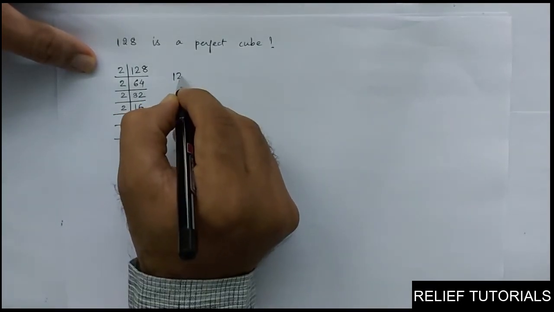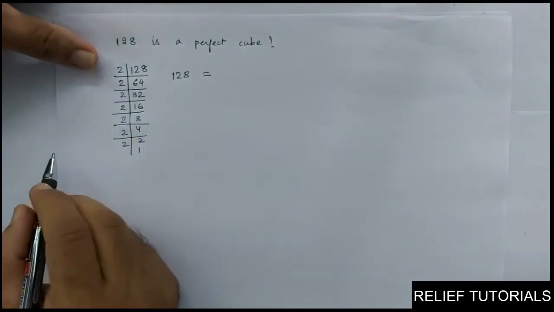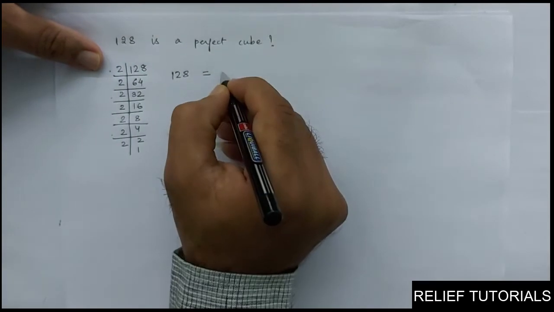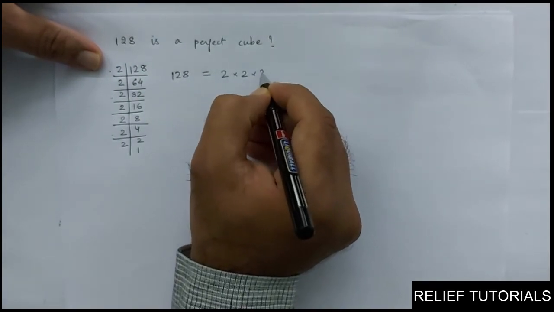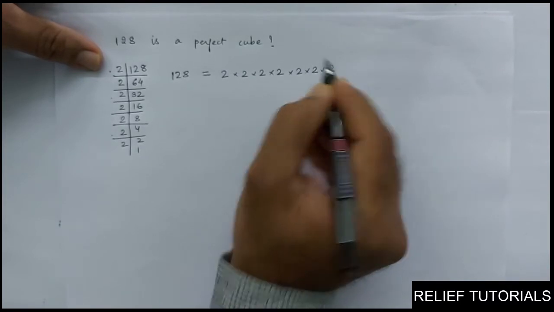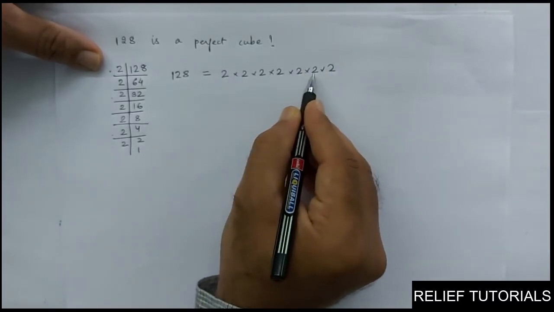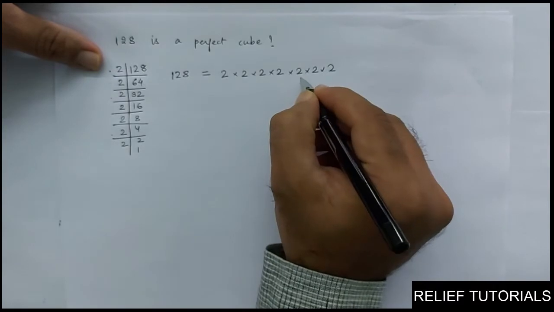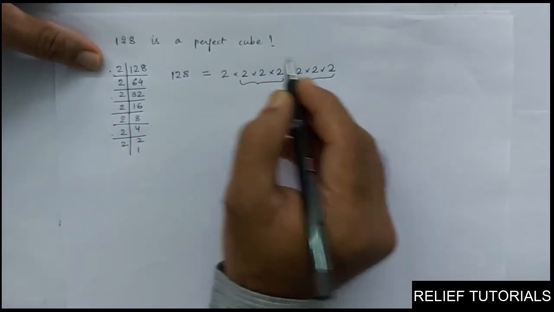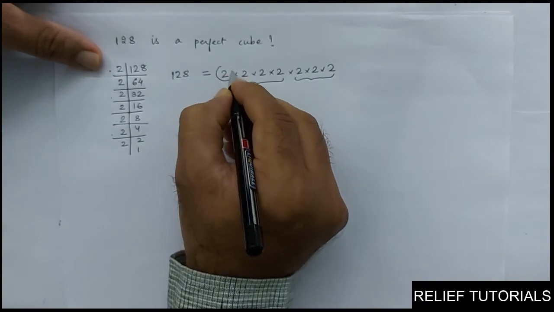So 128 is equal to 2 multiplied 7 times. Make a triplet. A triplet of 2 here, again a triplet of 2 and one extra number is here.